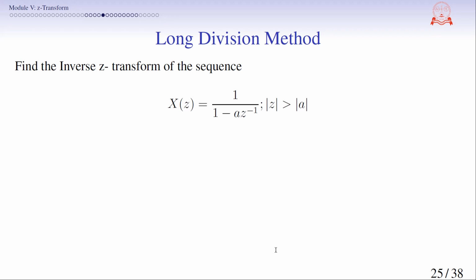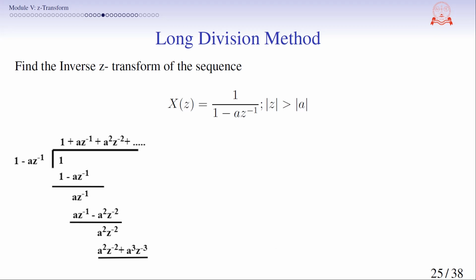So let's go for one or two examples. I have to find the inverse Z transform of X(z) equal to 1 divided by 1 minus a z raised to minus 1. Here the region is mod z greater than a.